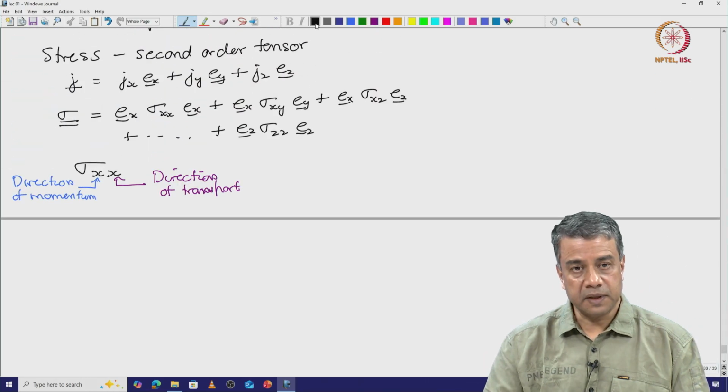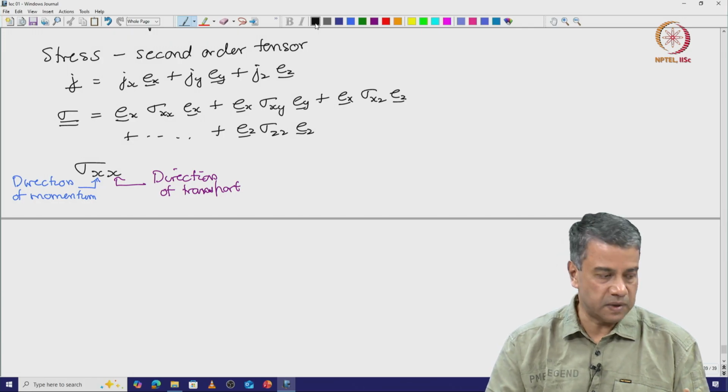So, let me give you the formal definition. It differs slightly from mass and energy transport.